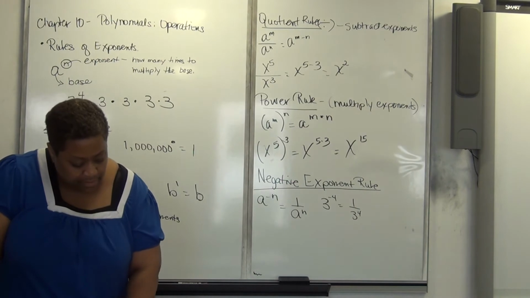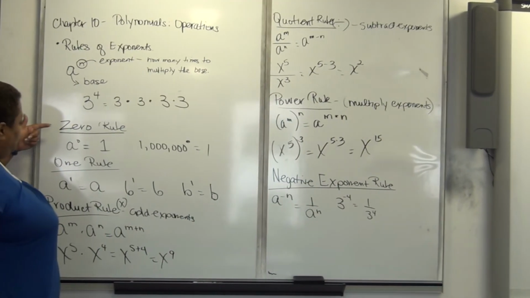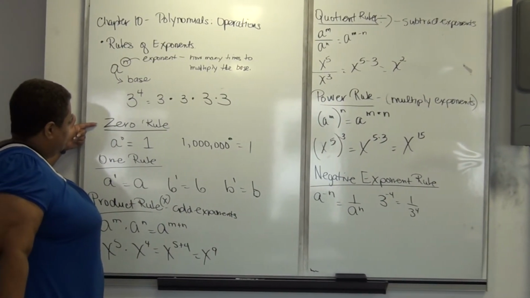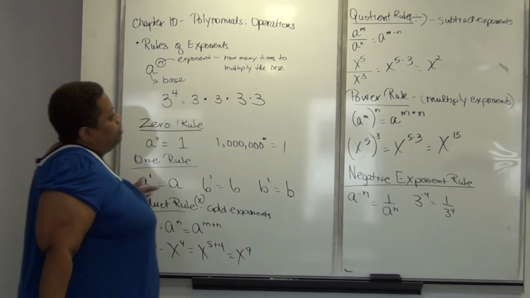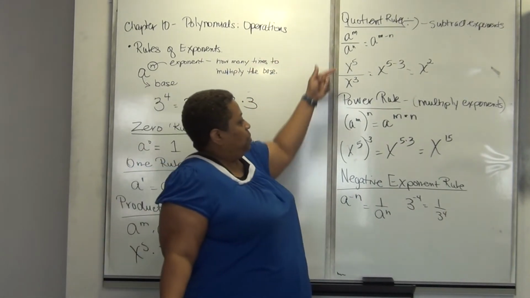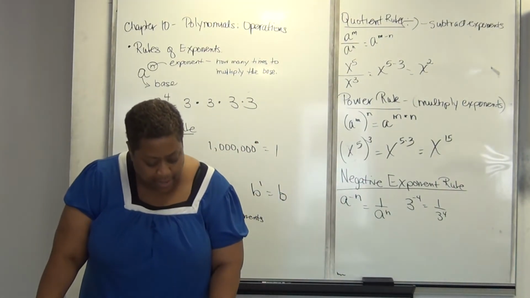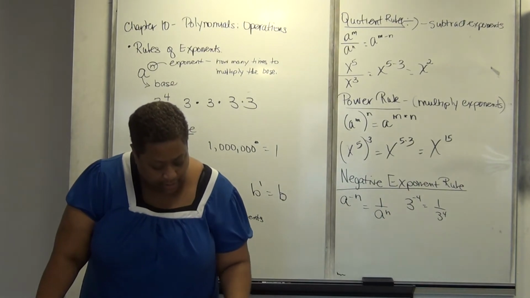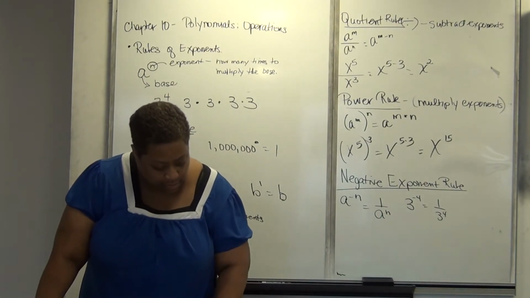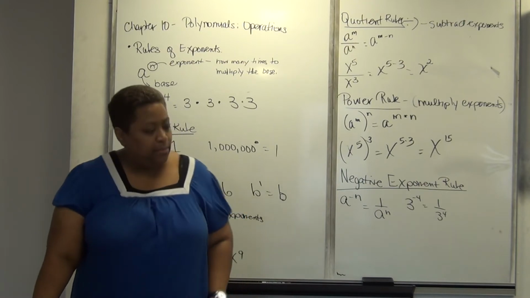Okay, so now, make sure you have in your notes your rules about your exponents, the 0 rule, 1 rule, product rule, quotient rule, power rule, and the negative exponent rule. Make sure you have written those down in your notes. Very, very important.